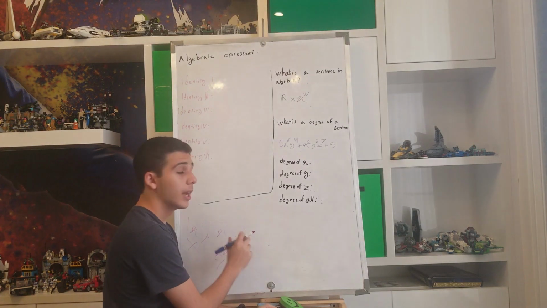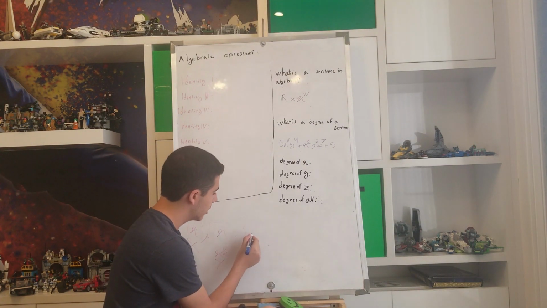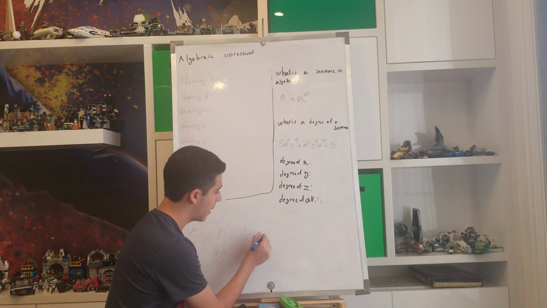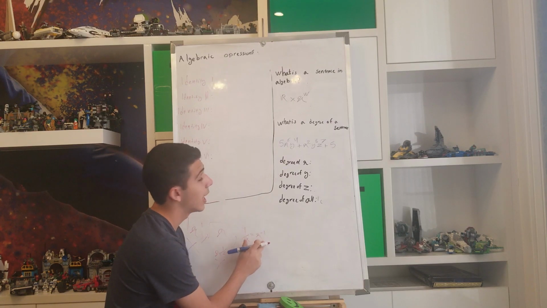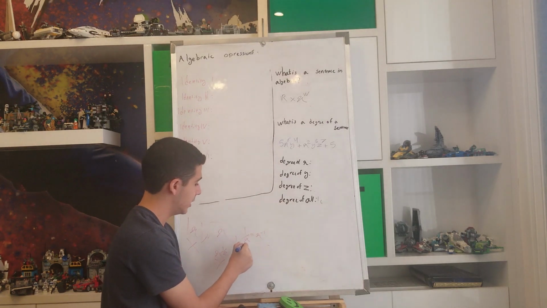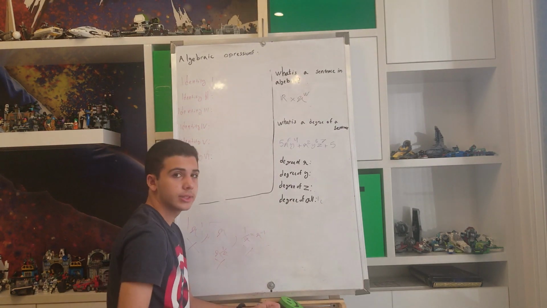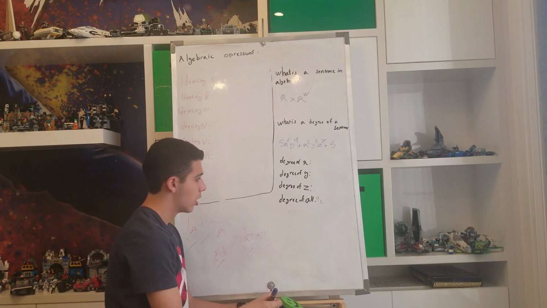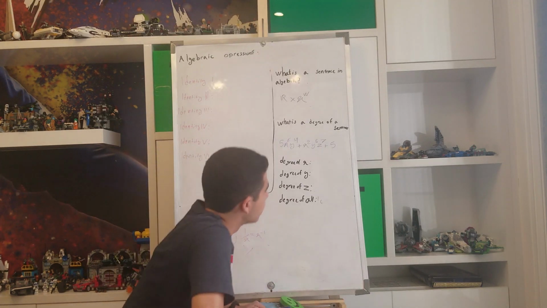It's because this equals x to the power of negative 1, as I said in our last part. So this isn't an algebraic sentence.